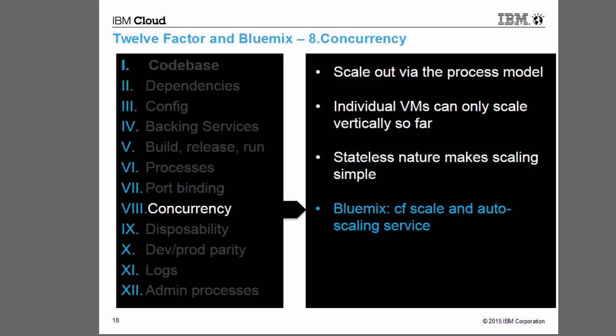What Bluemix provides in this case is a mechanism to scale automatically, using the auto-scaling service that is available on Bluemix in case of higher volume, and also following the best practice of designing your application so that it executes a small number of processes for a small component, rather than building a huge, humongous application that handles all processes in a single app.